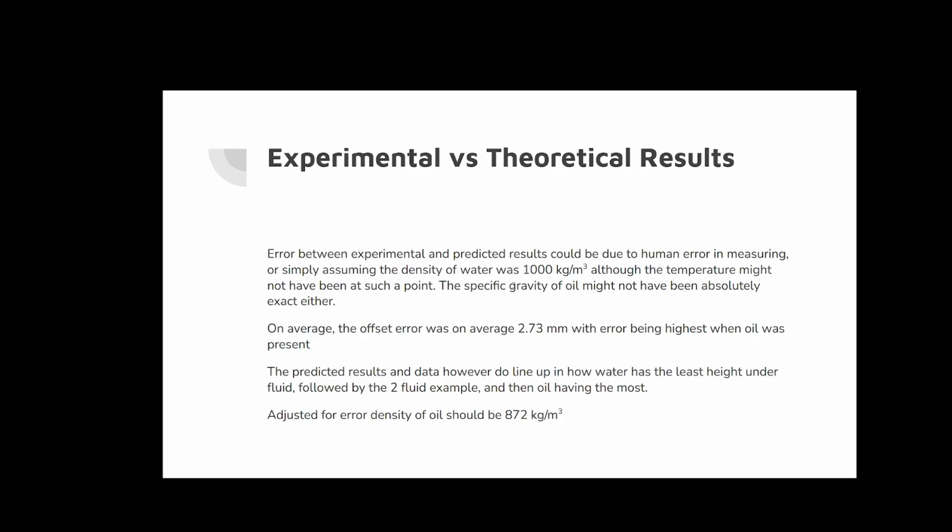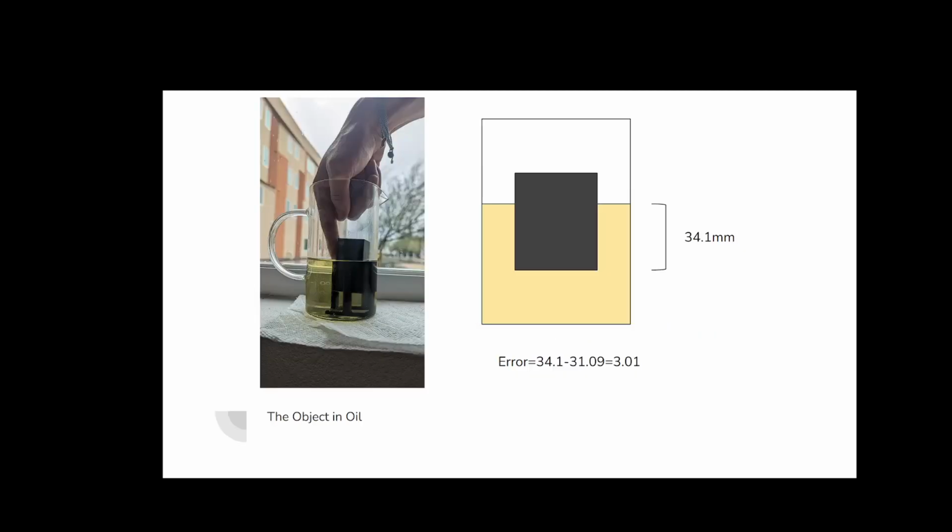Another error could have also come from the fact that we looked up the density of canola oil online rather than measuring it ourselves, and that seems to have been one of our larger sources, because on average our offset was about 2.73 millimeters, but it went higher when oil was present, as you can see in these two slides.